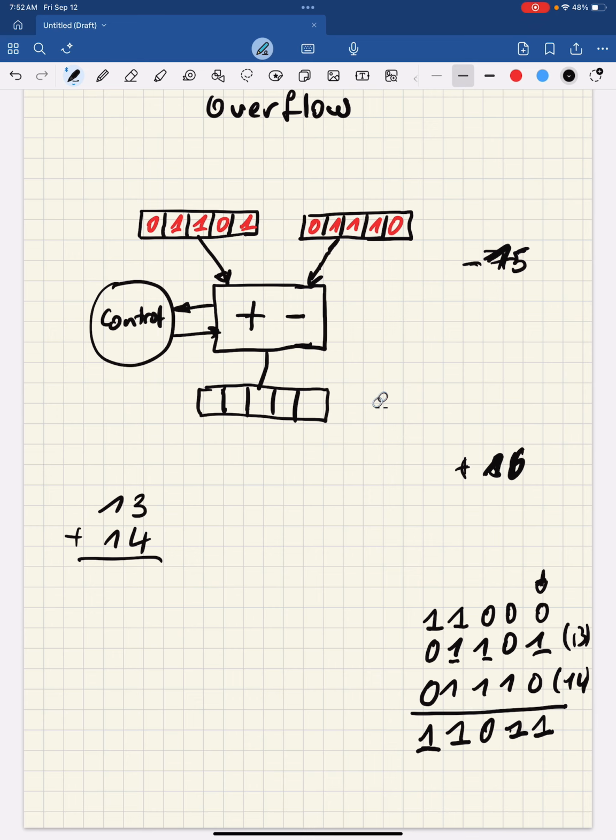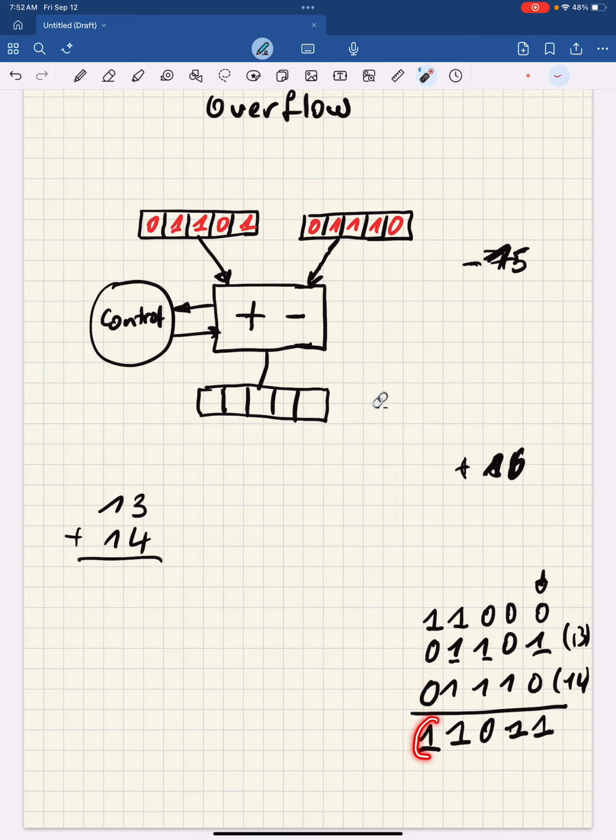So one thing you can clearly see here is that even though the number here fits on 5 digits, it is the result of two numbers that we've interpreted as positive. So this here was positive because we had a 0 in front. This here was positive because we had a 0 in front.